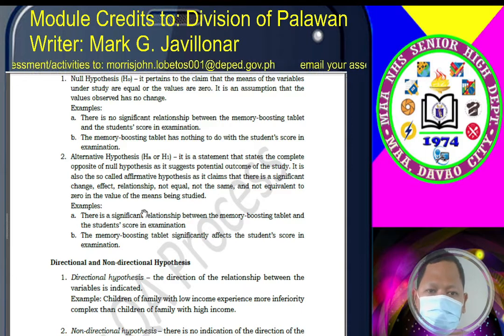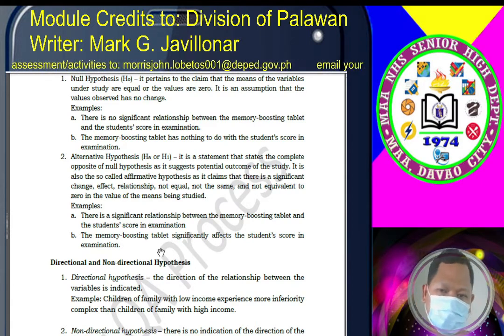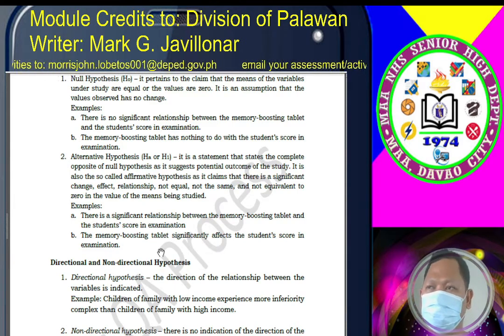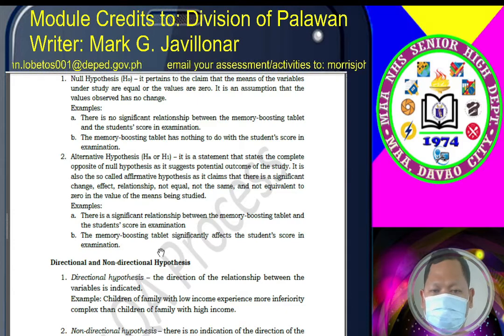Example, there is a significant relationship between the memory boosting tablet and the student's score in the examination. Then letter B, the memory boosting tablet significantly affects the student's score in examination. I think you have discussed this in your probability and statistics about null and alternative hypothesis, so just review these concepts.